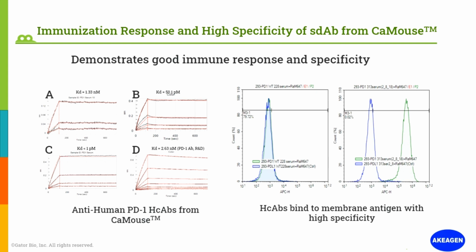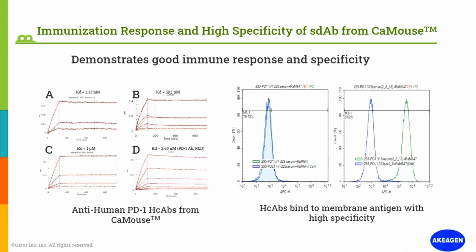We also want to know whether the heavy chain antibodies generated from the camel mouse can bind specifically to the antigen. In the right panel, this is the phage analysis data. The left is the control, where we use HEK293 cells that did not express the antigen on the surface, and we can see there's no binding at all.